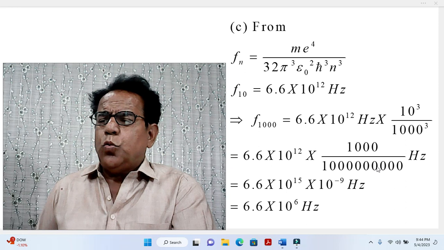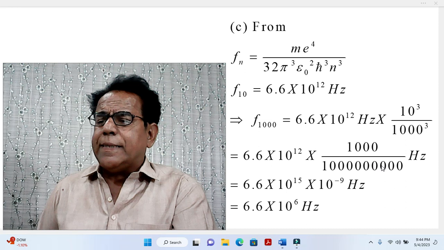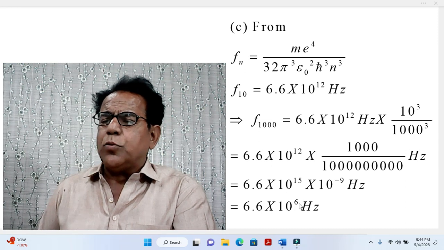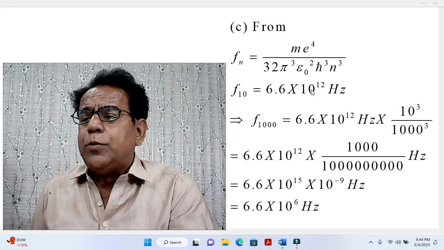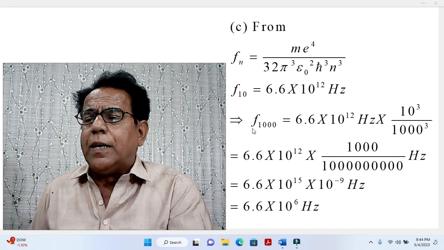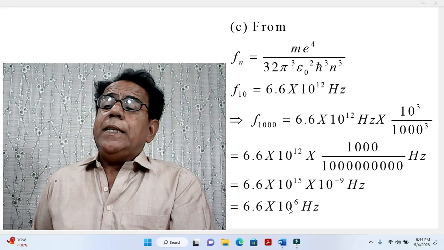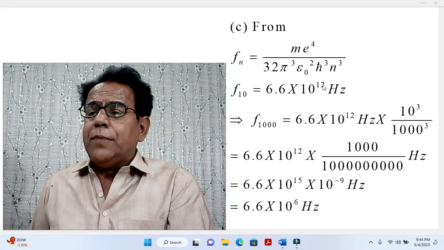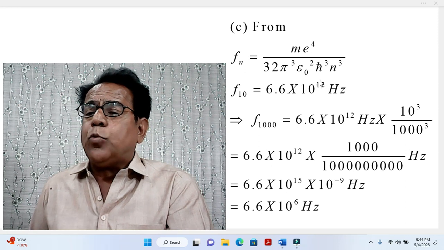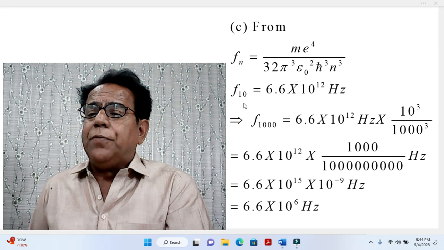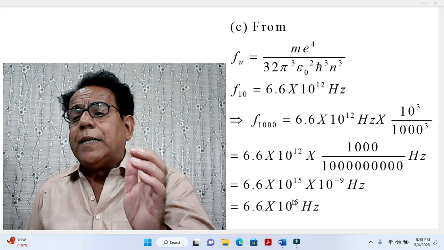So yes, these are 12 and these are 6, so it will reduce to 6. What is the difference? F10 was equal to 6.6 into 10 to power 12 hertz, and F1000 has become equal to 6.6 into 10 to power 6. We have seen that F10 was 10 to power 12, F100 was reduced to 10 to power 9, while in case of F1000 it has been reduced to 10 to power 6, and this trend will continue.